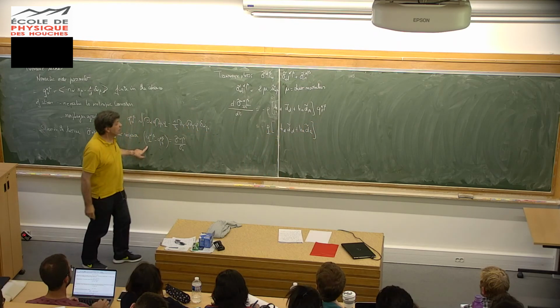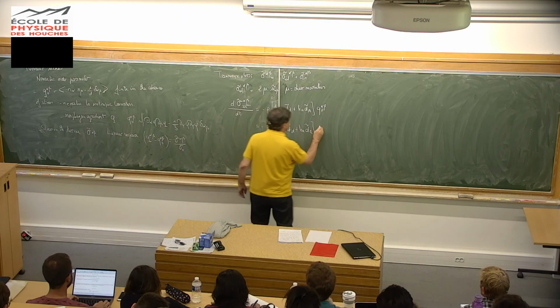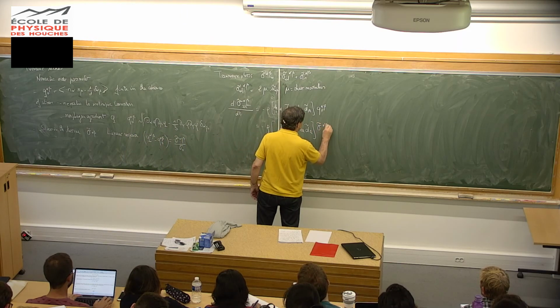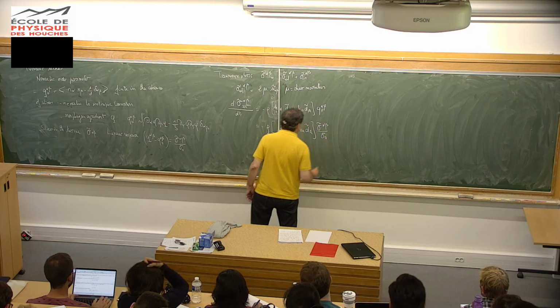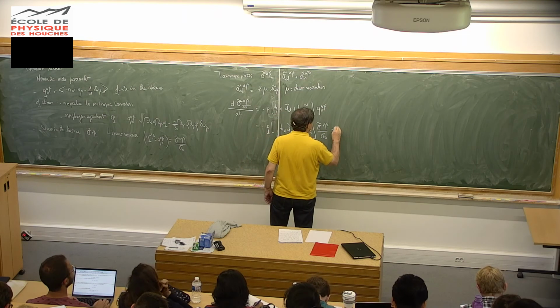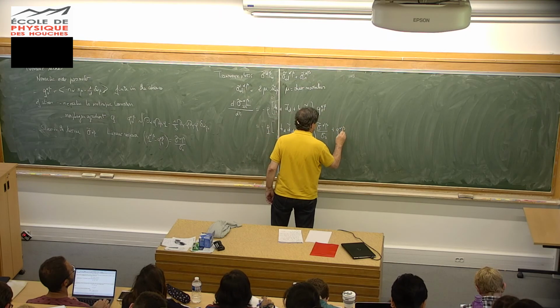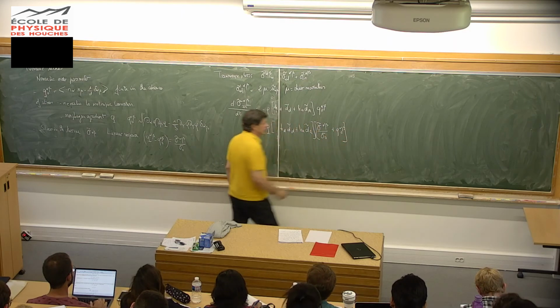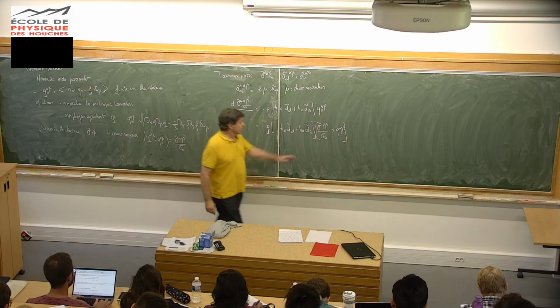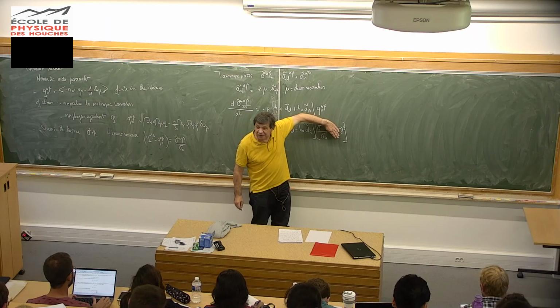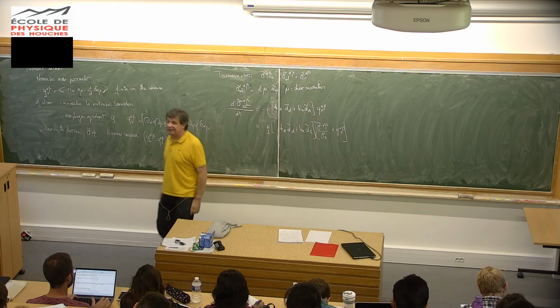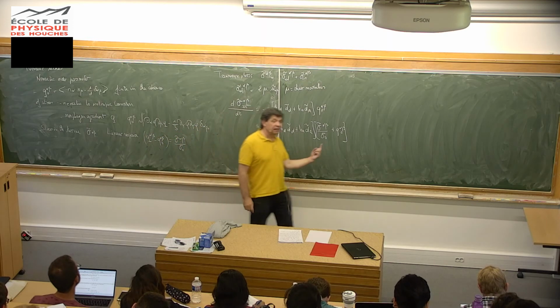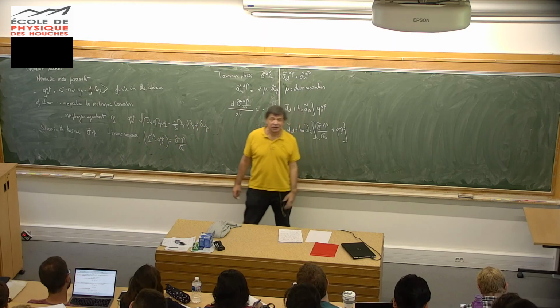Q alpha beta is sigma, so because this is what I had for an isotropic tissue, because the tissue is nematic, I have an extra term here that corresponds to the spontaneous orientation of the tissue.